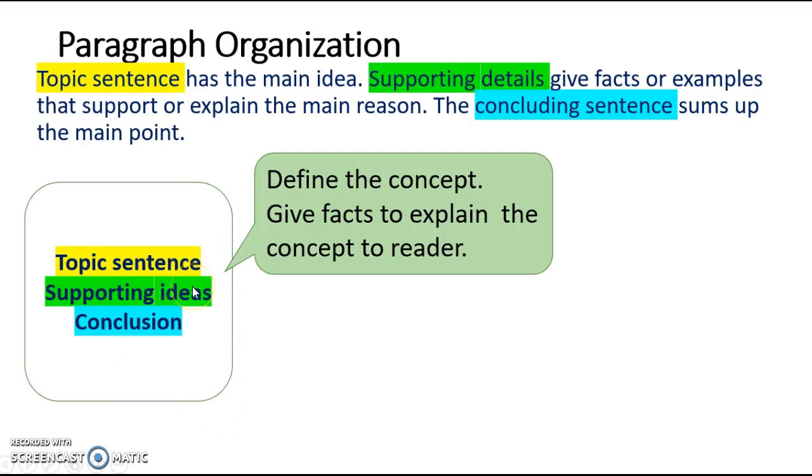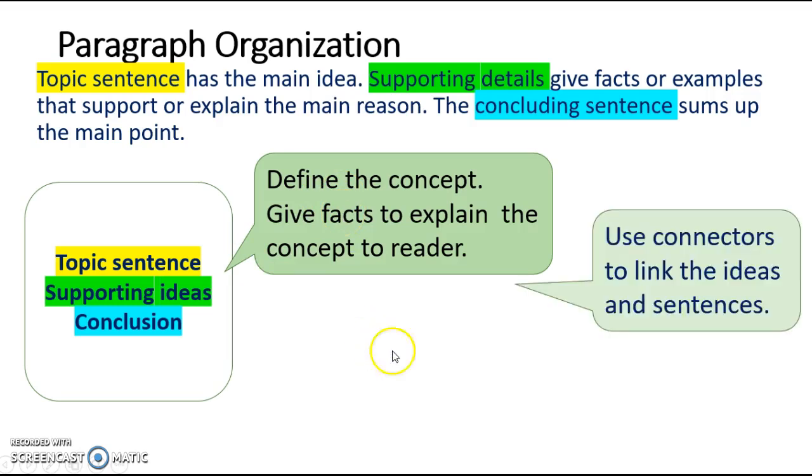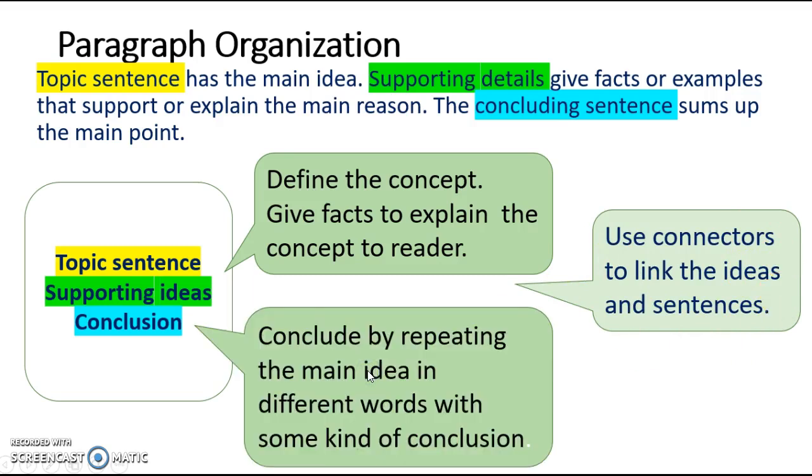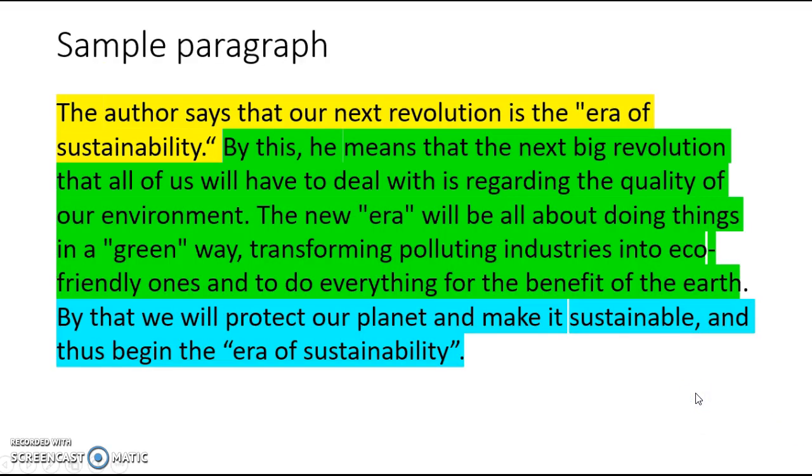So in your supporting ideas, define the concept, give facts to explain the concept to the reader, use connectors to link the ideas in the sentences, and conclude by repeating that main idea in different words with some kind of conclusion. Therefore, thus, that little bit of twist that helps us better understand what you're trying to prove by defining the concept.